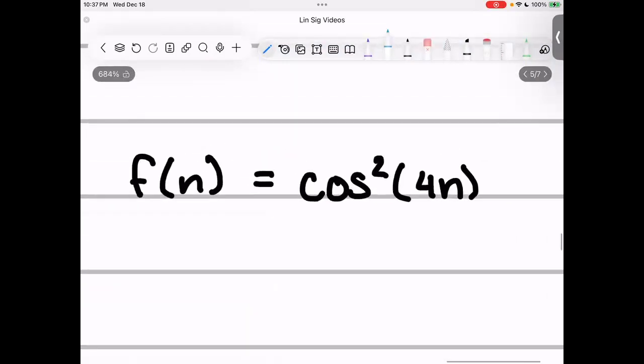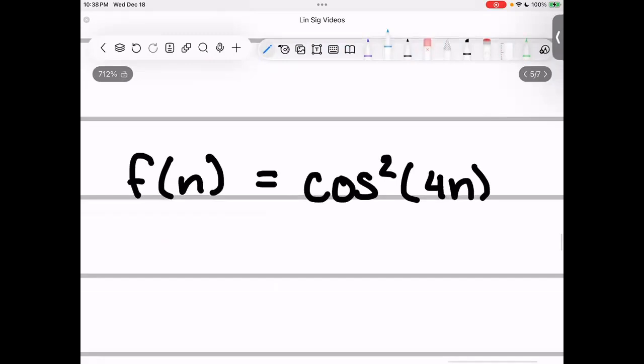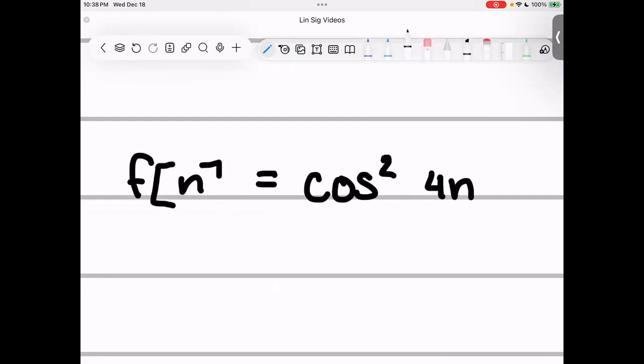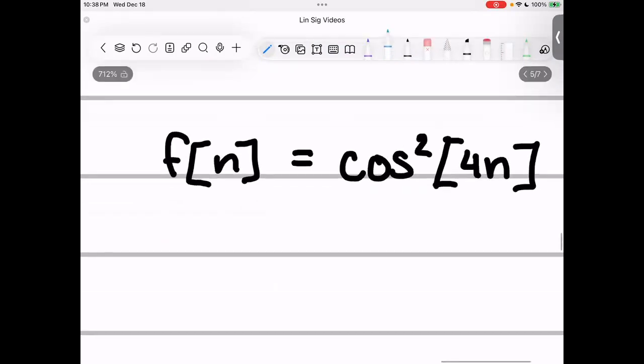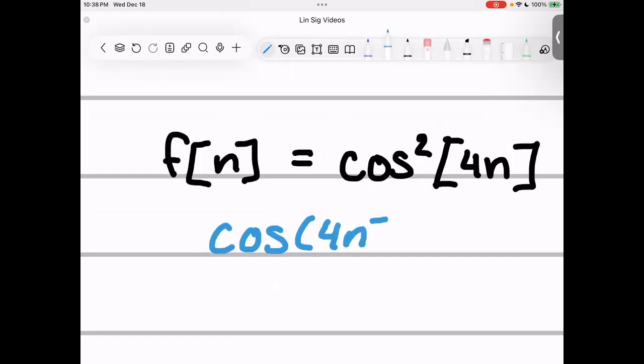Now we have cosine squared of 4n, and these are supposed to be brackets, right, because it's discrete time, not continuous time. Another way to write this is cosine of 4n, with brackets, times cosine of 4n.